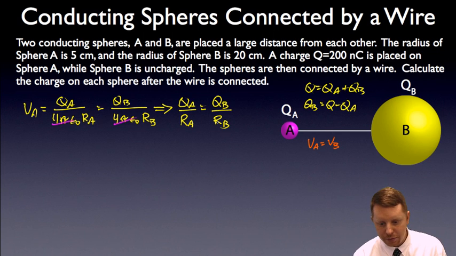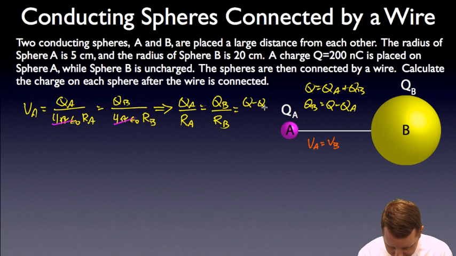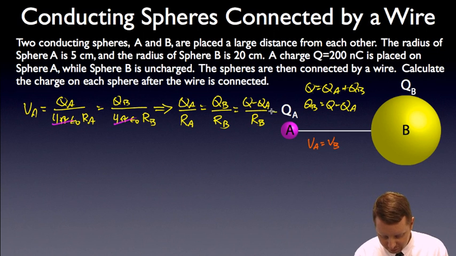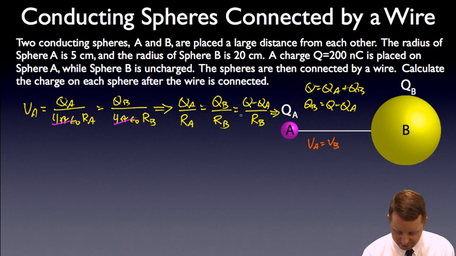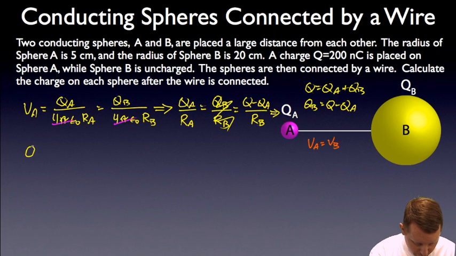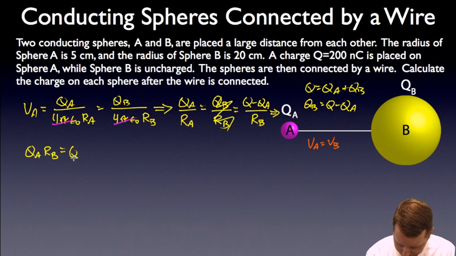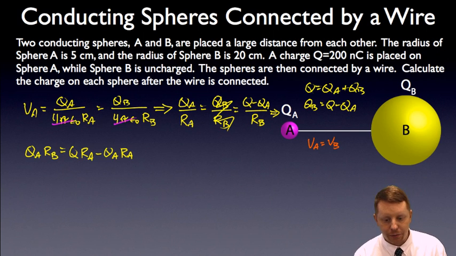If QB is Q minus QA, then I could write that this must be Q minus QA over RB, which implies then cross multiplication QA RB must be equal to Q times RA minus QA RA, just distributing that RA through.